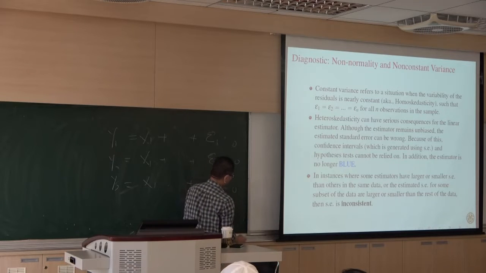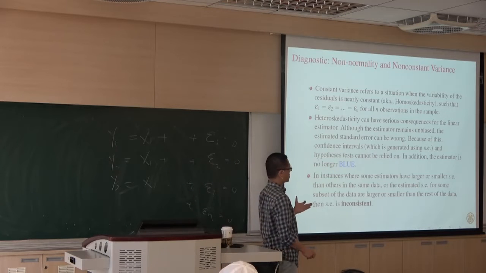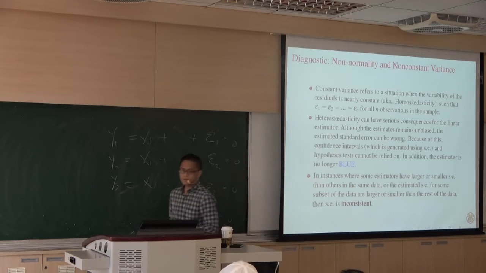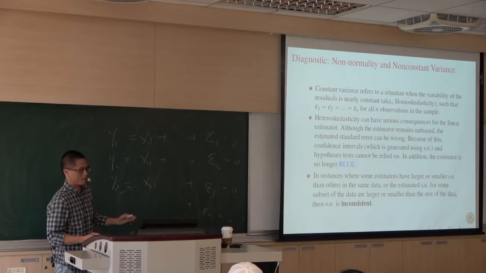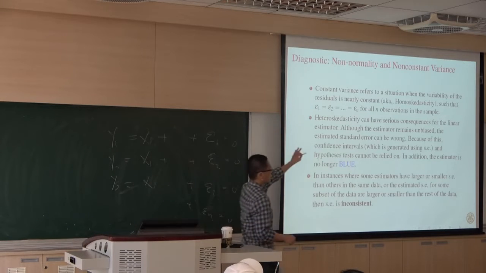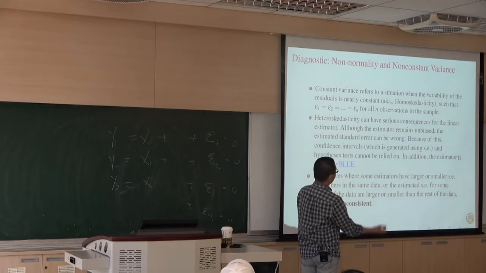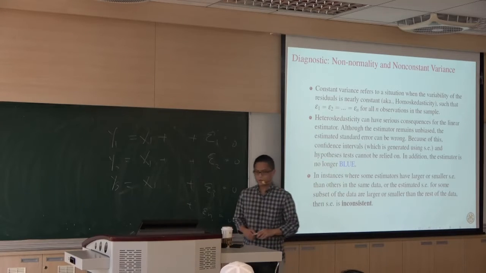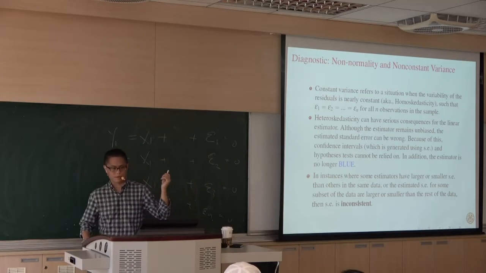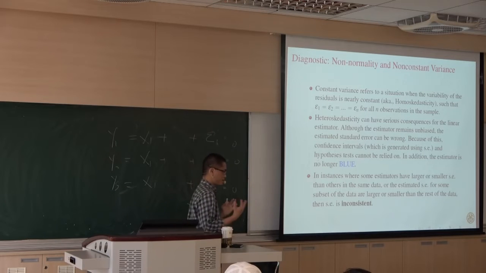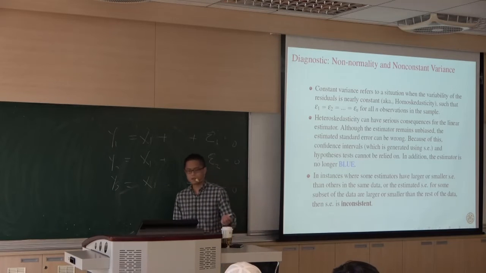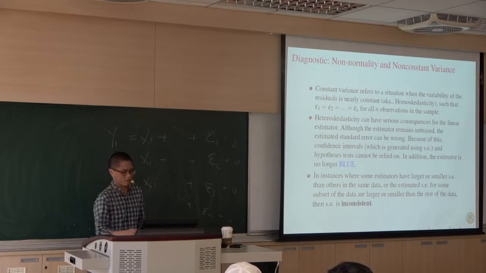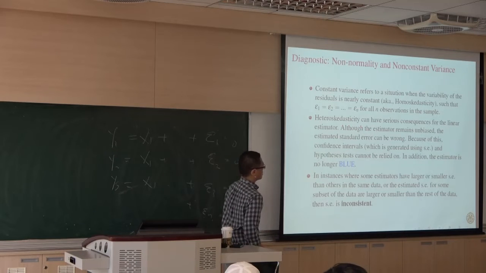Should be 0, or probably bounded within some estimable range. So they should be nearly constant, nearly the same across all observations in the sample. This is called the constant variance assumption, or AKA homoscedasticity. And its violation, on the other hand, is of course called heteroscedasticity.